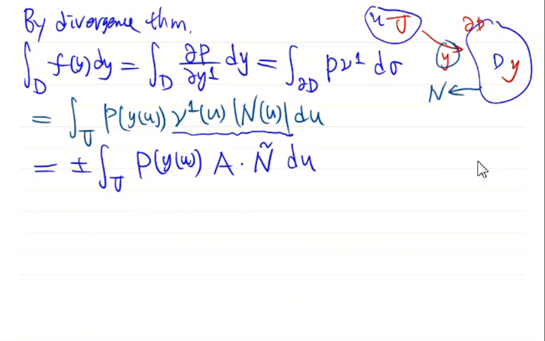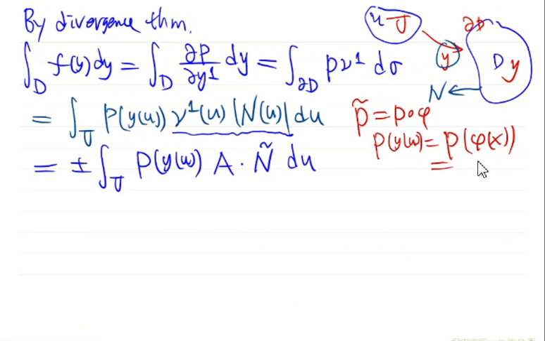We notice that p theta is p tilde. Therefore p(y(u)), where y is phi of x, is p of phi composed with x, that is p theta of x.